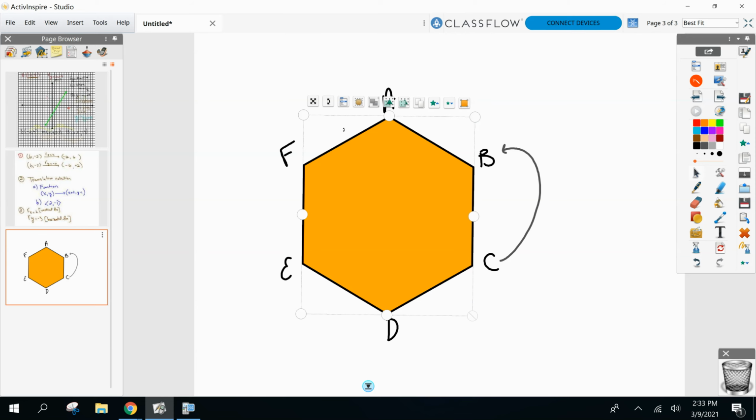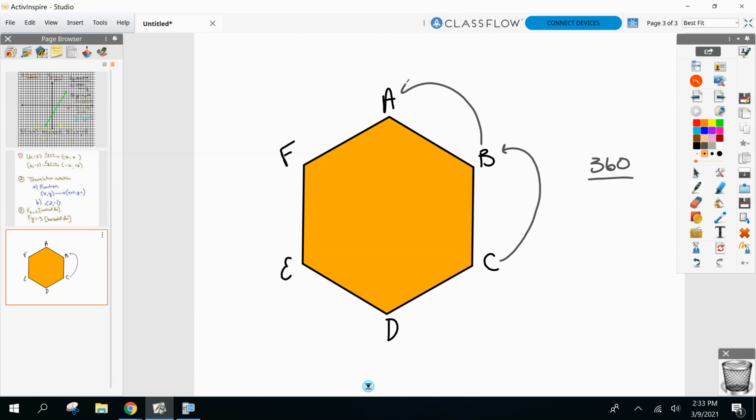I got to pretend to myself that I turn this all the way around, vertex B to vertex B. And we know when I go all the way around, that's 360 degrees, no matter what the figure is. I turn anything all the way around, it's 360. But the key is, depending on the figure, how many rotations does it take to get all the way around?